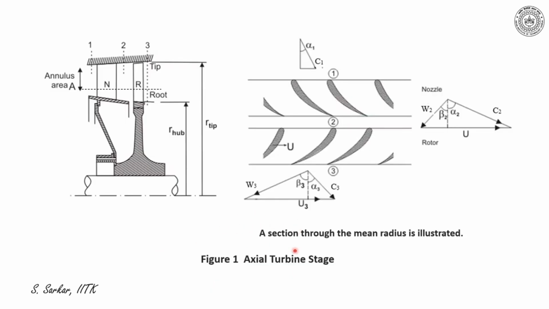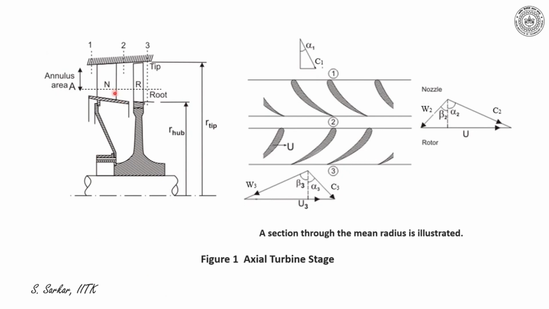Here I have indicated the velocity triangle through a stage of a turbine blade, particularly the gas turbine blade. Now note, as before, this is the nozzle followed by the rotor, and I have indicated here a dotted line which is the mean circumferential section.